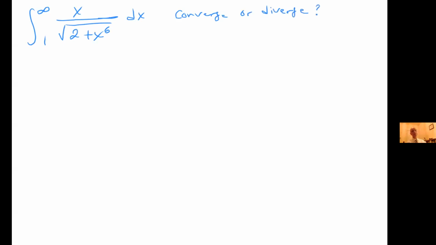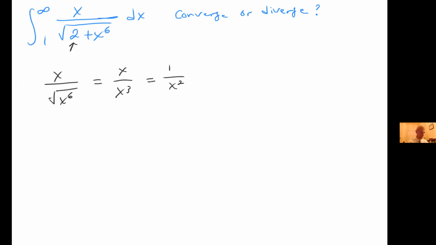Well, let's see if we can do some comparison tests. If this 2 right here wasn't here, I would have x over square root of x to the power of 6, which is the same as x over x cubed, which is the same as 1 over x to the second.